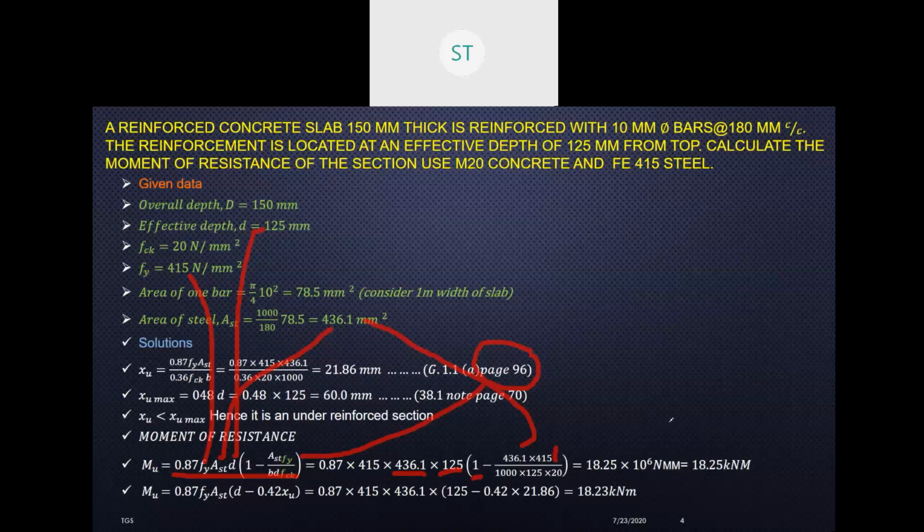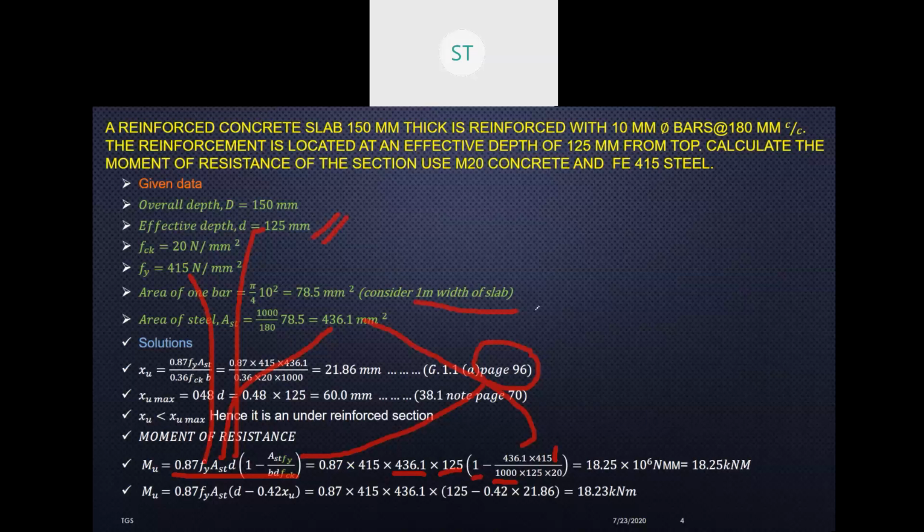436.1. Then Fy is 450 divided by B, where width of slab is taken as 1 meter width. So B is equal to 1000 millimeter and the effective depth is 125.